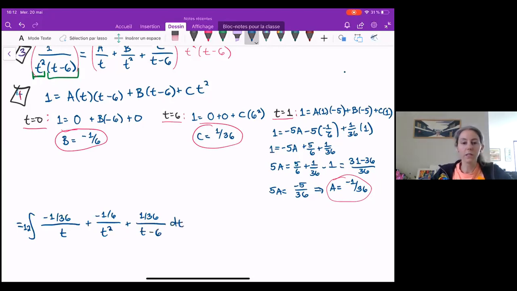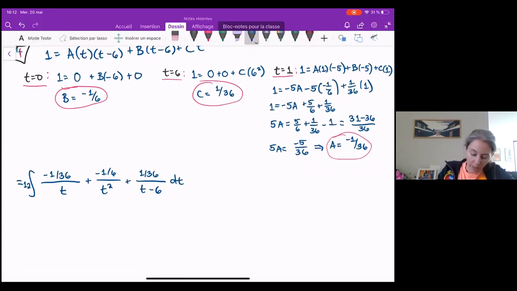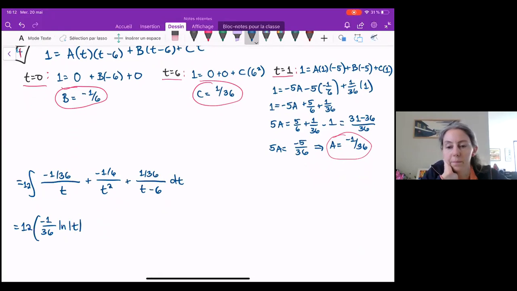And all of these are known forms. So be careful. That first one is a ln. So this is 12 times -1/36 ln t. Is that second one also a ln?